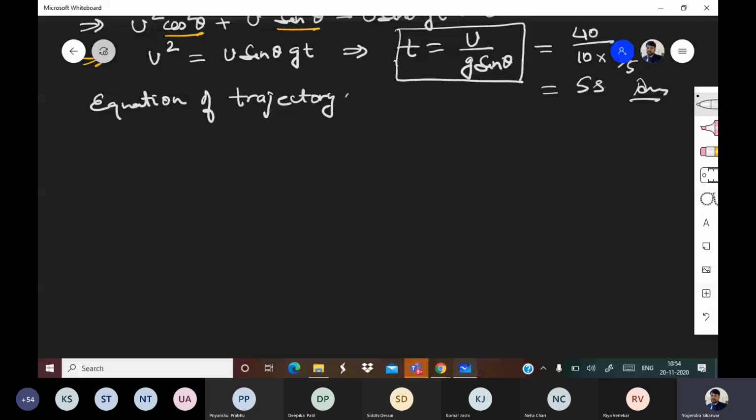So how to calculate that, what is the equation of trajectory of a projectile and what is the meaning of equation of trajectory?